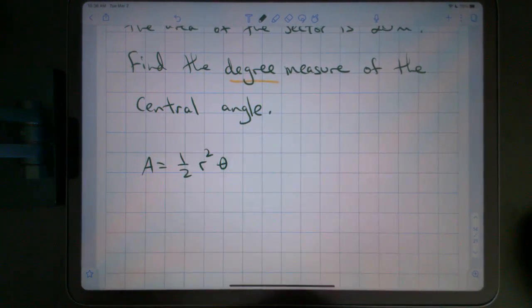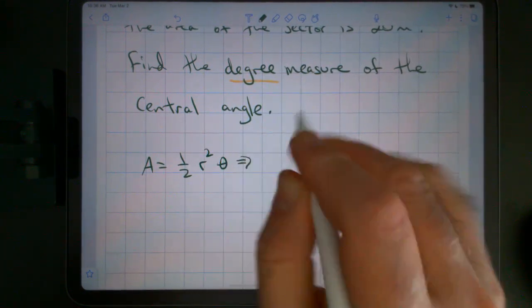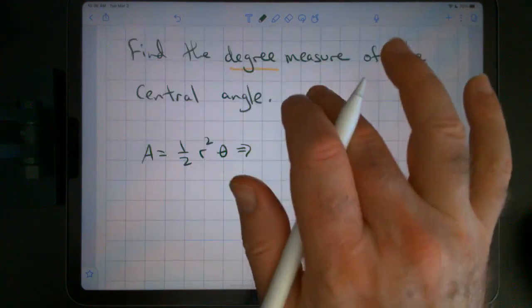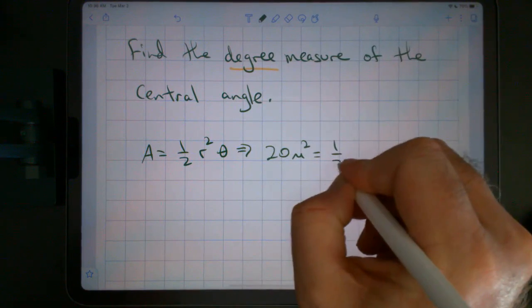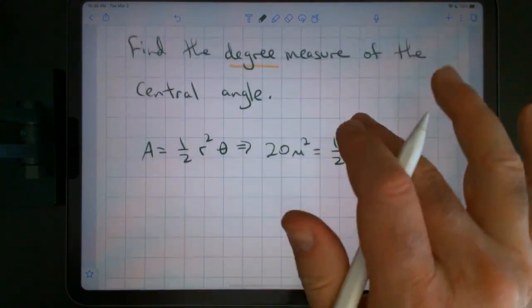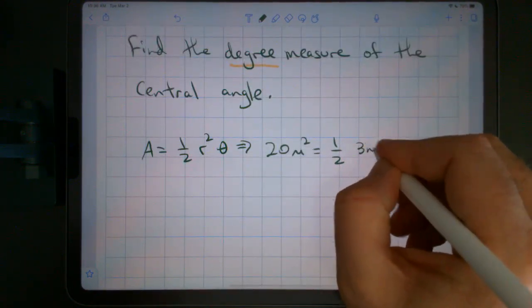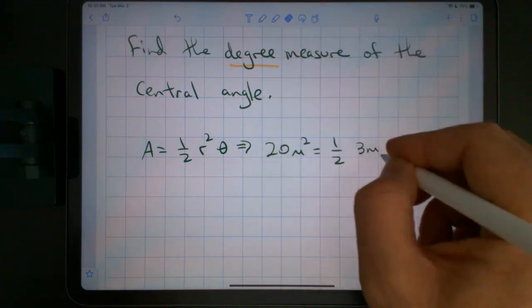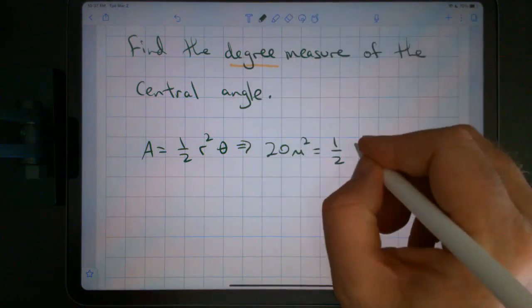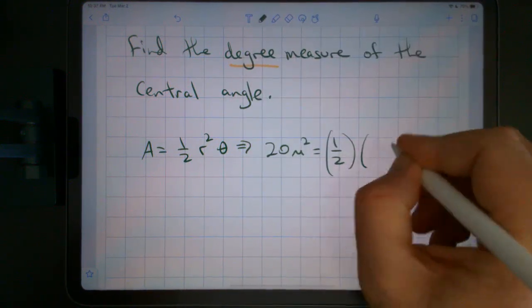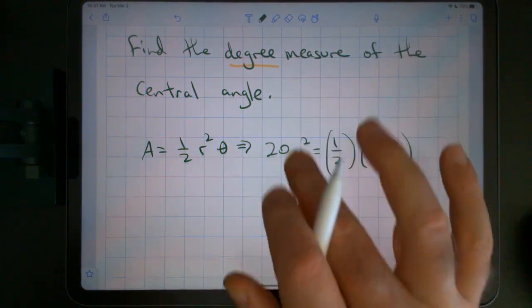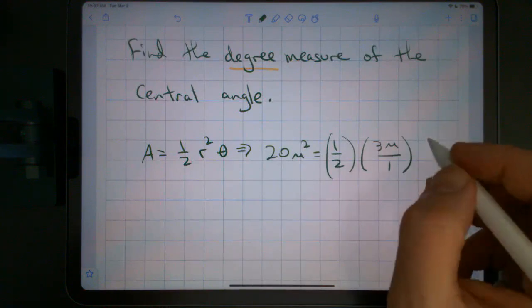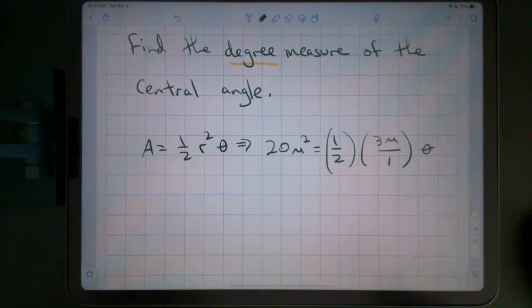There's our basic formula, but now they give us the area. And they give us a radius. And we just don't know our theta.